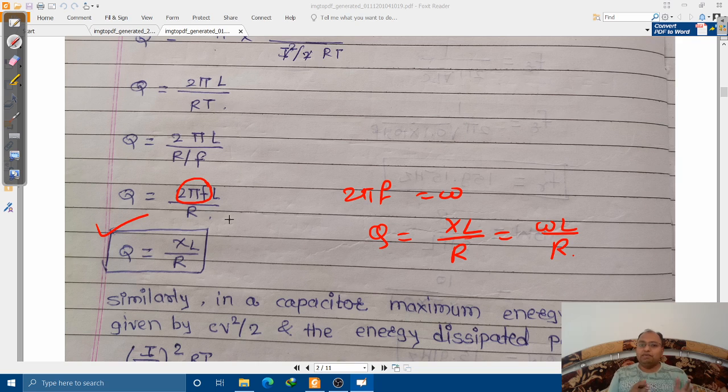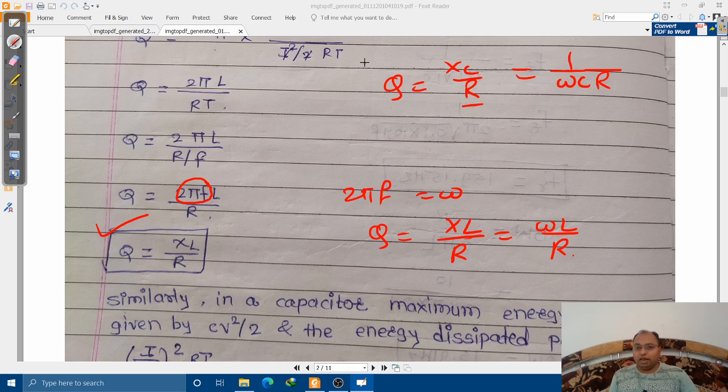Similarly, Q for the capacitor will be XC divided by R, where XC equals 1 upon omega C, and R remains in the denominator.